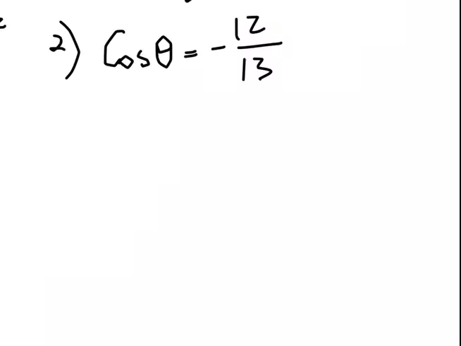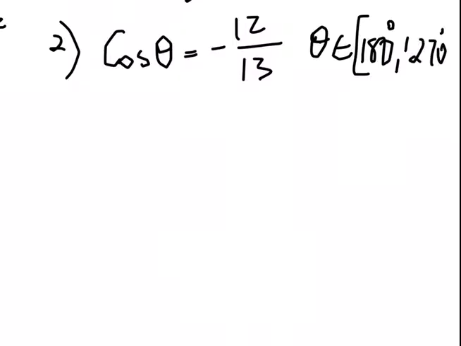And then again, they say theta is an element of 180 degrees and 270 degrees. So calculate without the use of a calculator and with the aid of a diagram, and this time around they just want you to find the value of tan theta.